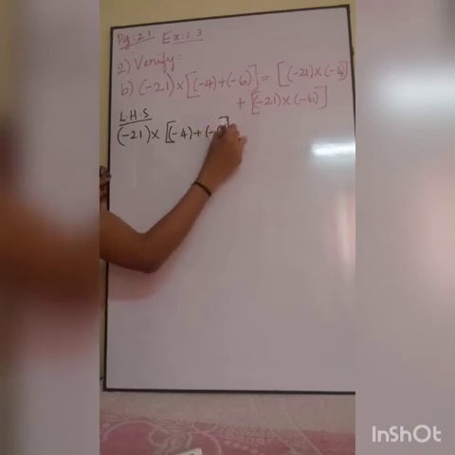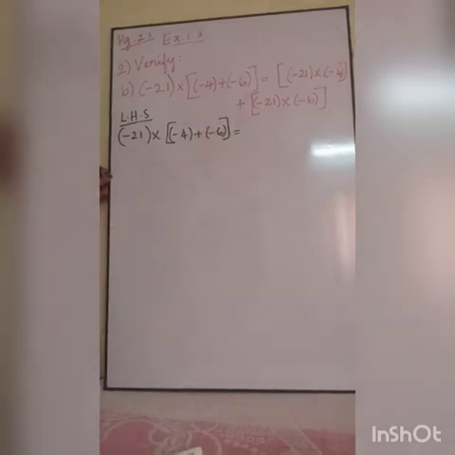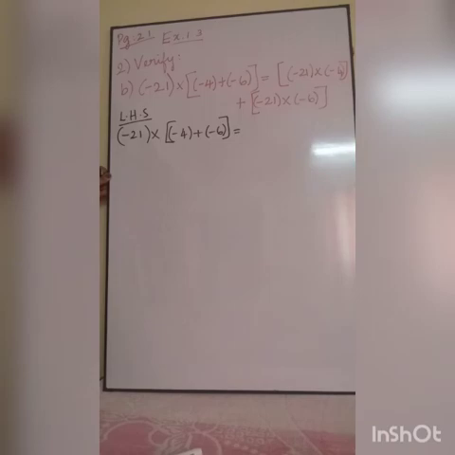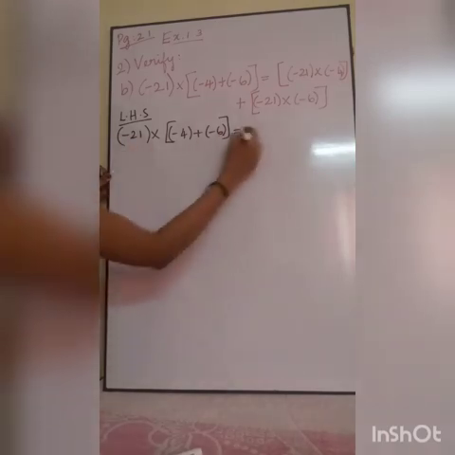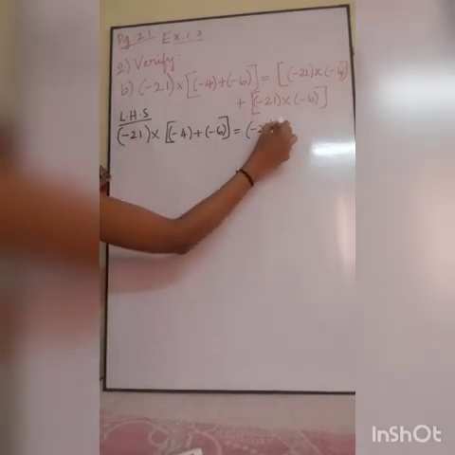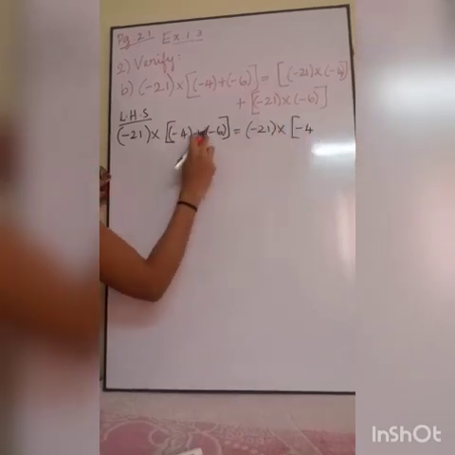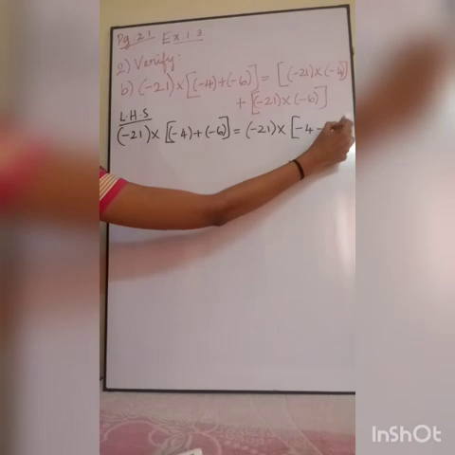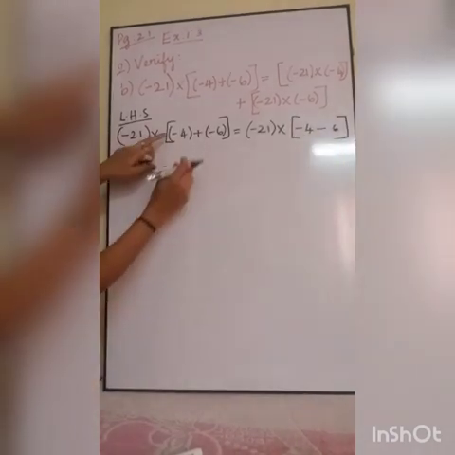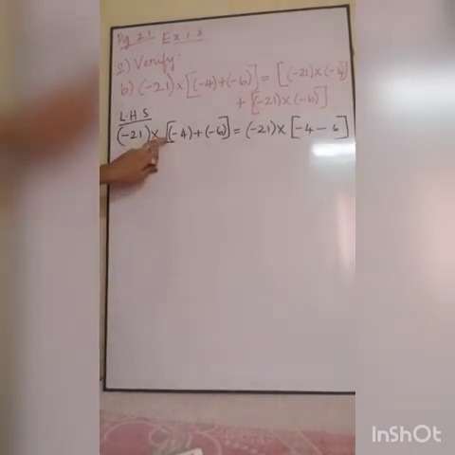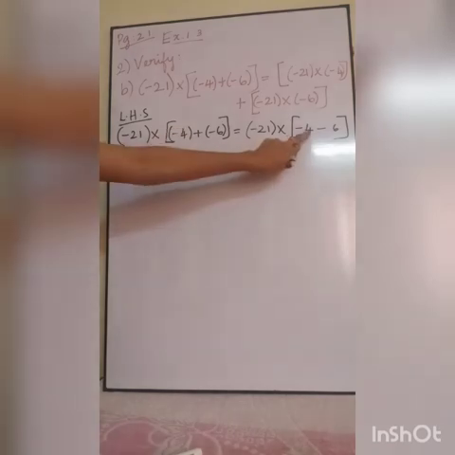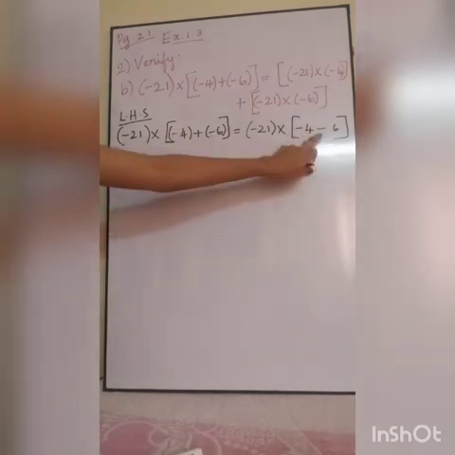This is my LHS. I told you already we have to remove all the brackets. So first minus 21 you write as such, into minus 4 plus into minus minus 6. Here nothing is there, so plus. Plus into minus is minus 4. Plus into minus is minus 6.